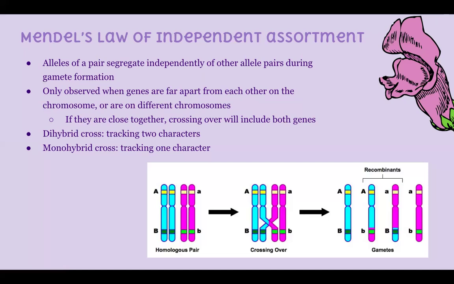Assuming that eye color and hair color are far apart from each other and they will not be linked together, we could come up with all sorts of combinations, right? Blue eyes and brown hair, blue eyes and blonde hair, brown eyes and blonde hair, brown eyes and brown hair. So there's kind of like double combinations. And that's exactly what we will use a dihybrid cross for.